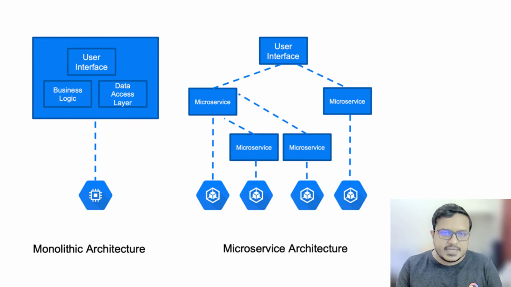Now, that is one model. And in the traditional monolithic application model, the identity and access management, or IAM as we call it, was typically brokered within the application. So if a malicious user gained access to that monolith application, he would have full access to everything within the monolith.